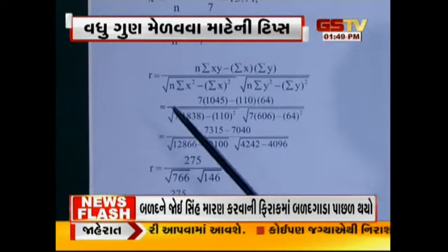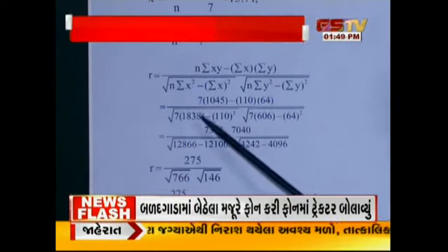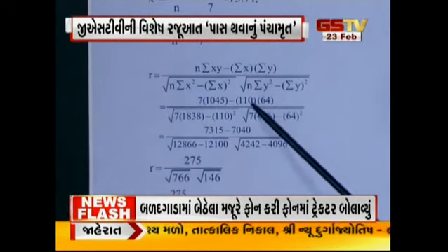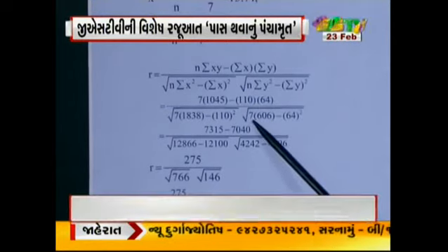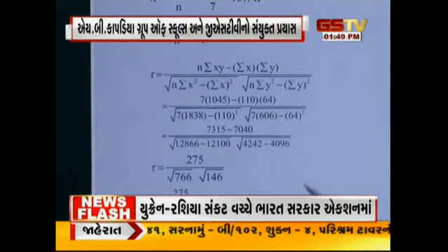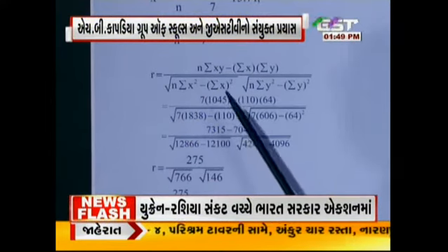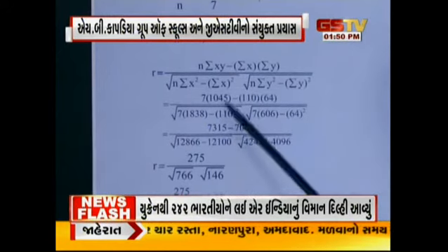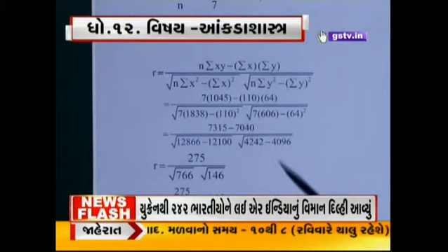Again, in the under root we put the value of n, 7, the total of x square, 1838, and the square of this 110, into, in the second under root, the value of n, 7, the total of y square, 606, and the square of this 64. After simplifying and multiplying these two and these two, we get 7315 minus 7040.